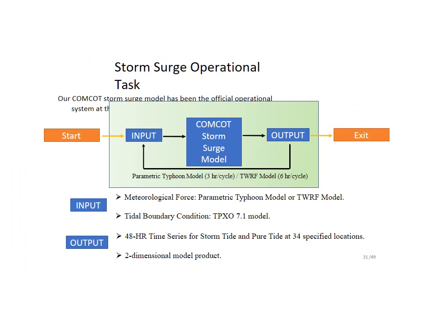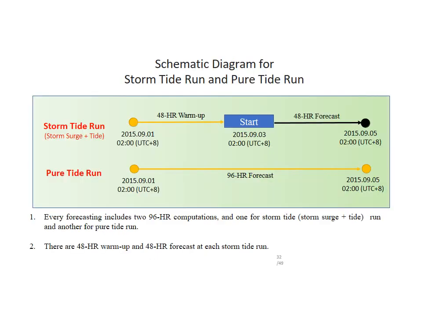In our storm surge operational test, we run a cycle every 3 hours. If we use the WRF or TWRF model, we can do a prediction every 6 hours. So if you start the model and use the input, we can run the storm surge and output the results per hour, in a cycle of 3 hours or a cycle of 6 hours.